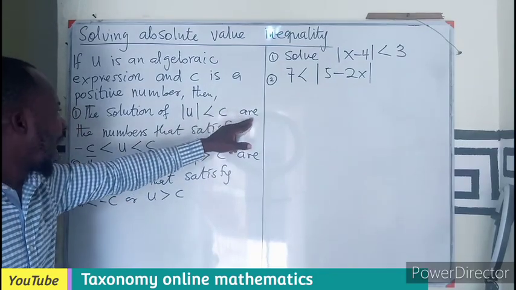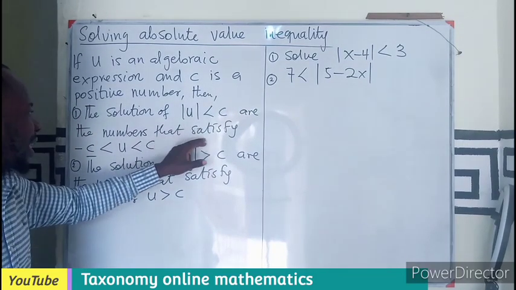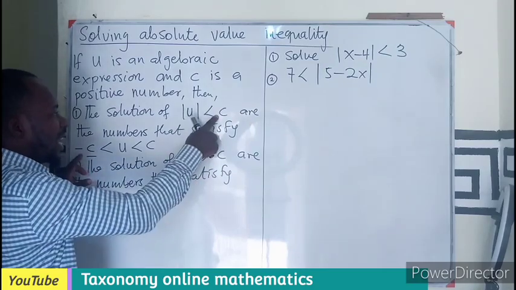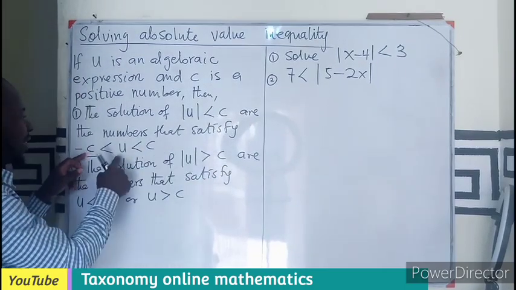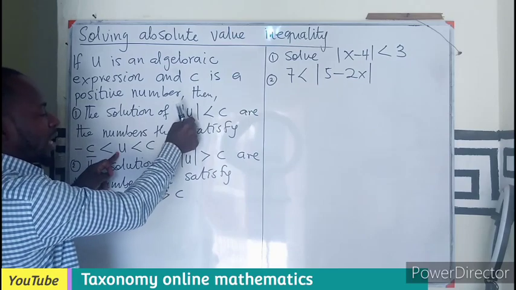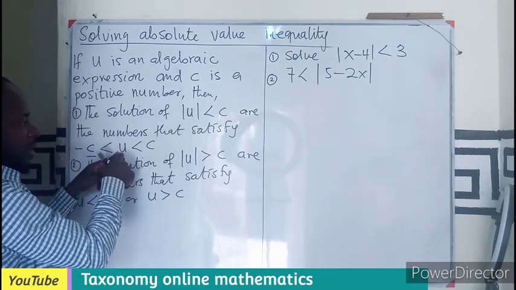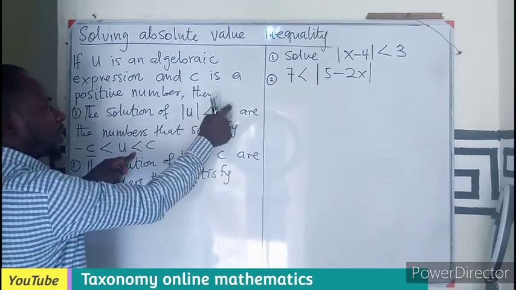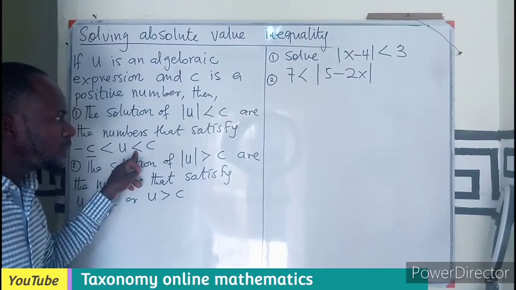The solutions are the numbers that can satisfy the negative of the constant less than the algebraic expression, and the algebraic expression less than the positive value of the constant.